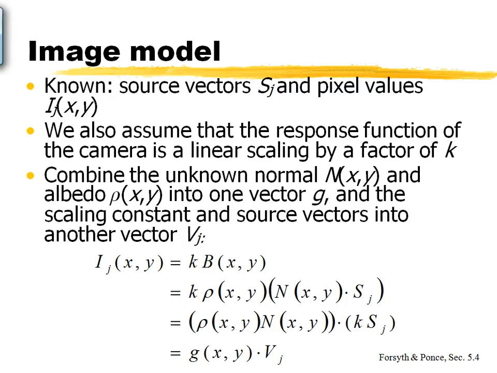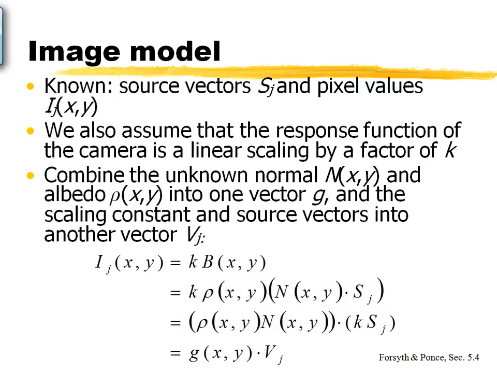So the relationship that I get, under the Lambertian model, is that intensity for a given image is a constant multiplying the radiosity. Which now I'll express further as a constant times the albedo, and the normal times the S sub j, the source vector for the jth image.